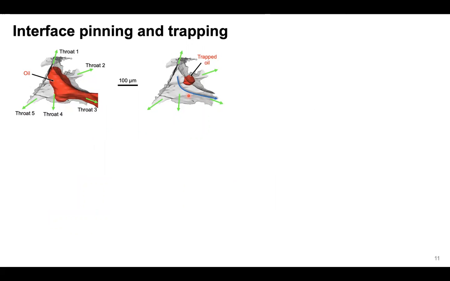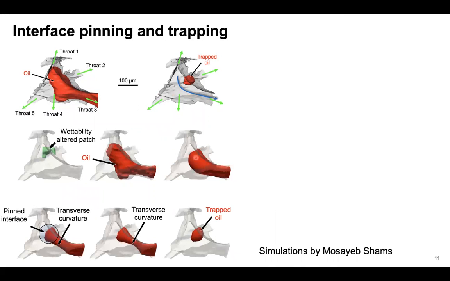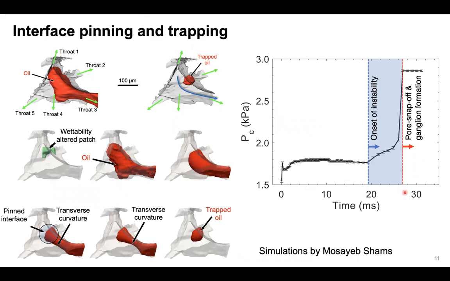We actually wanted to go further, like why this thing happens. So what we did, we took multiple snapshots from simulations, because as I showed, we can do curvature mapping and calculate capillary pressure. So we did the same analysis here, and then plotted the capillary pressures versus time. Initially the pressure is slightly dropping, which is expected, but then at some stage we get some sort of instability.